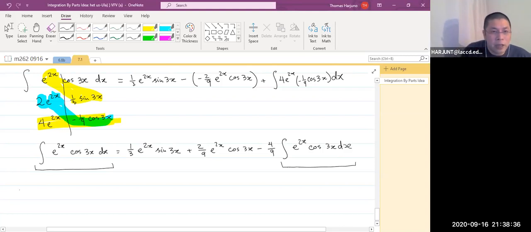So I can say, if I call this I, this will be I plus 4 over 9 I equals 1/3 e to the 2x sine 3x plus 2 over 9 e to the 2x cosine 3x plus a constant.